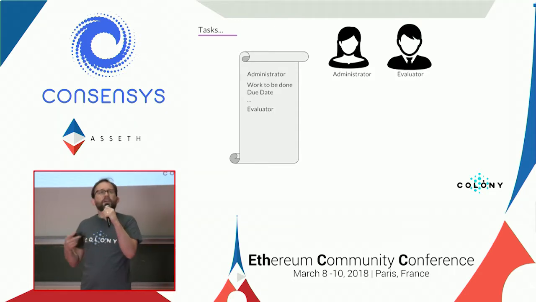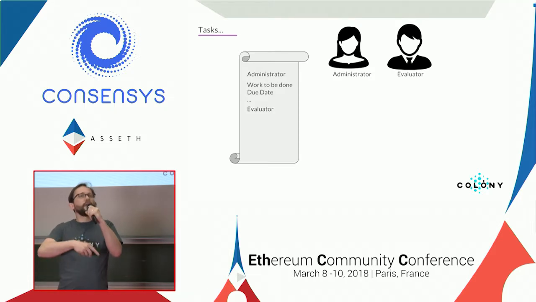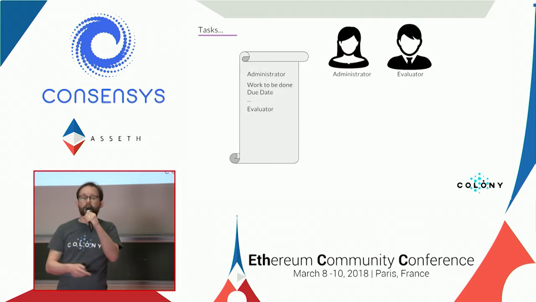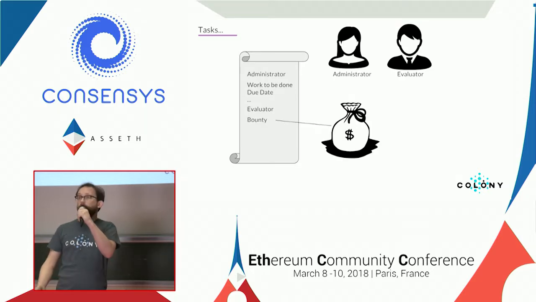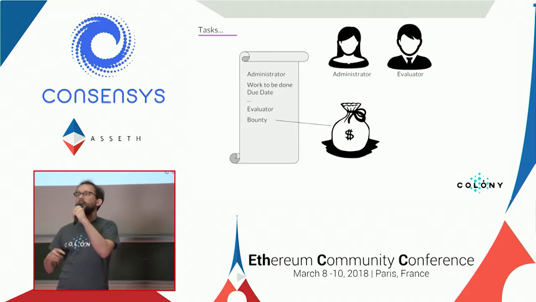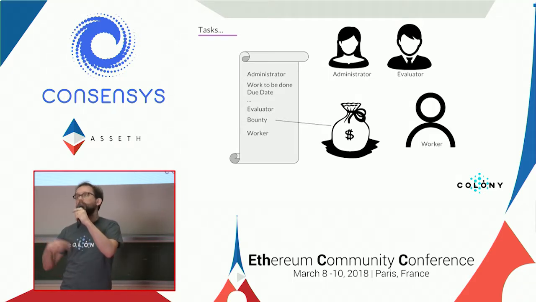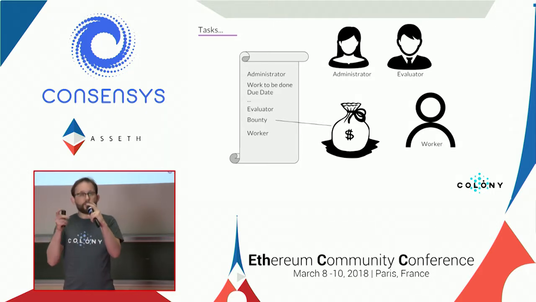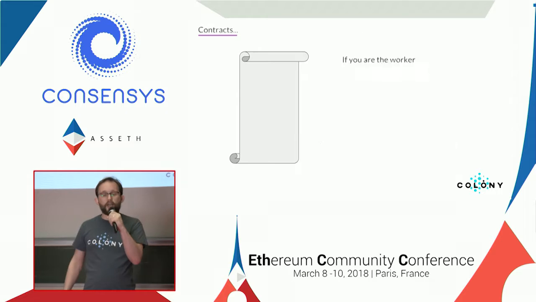There's an evaluator account, the user account which is going to be asked, was the work done according to specifications? And there's a bounty, of course. The reward is locked in the smart contract, and it gets paid out to the worker account if the evaluator agrees that the work was done, and so on and so forth. So this is the smallest little unit we have to describe.